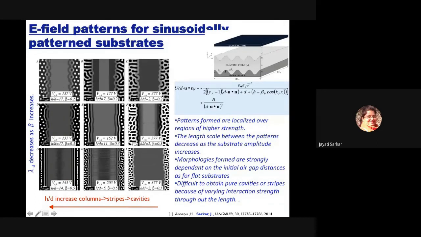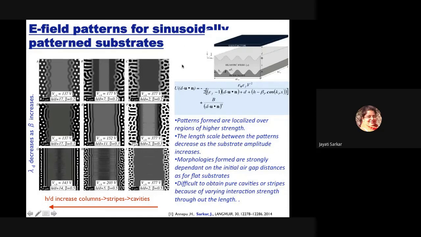It has been formed in regions where the interaction energy is higher, like at the top of this crest, where the film is there and the interaction potential is very high. So the instability is initiated over here. Moreover, it loses the ordered structure that we have seen for smooth substrate films, right? So this was not of much help to us.